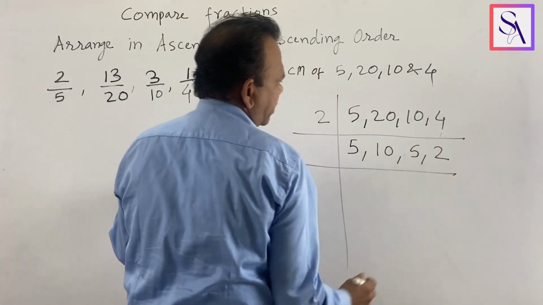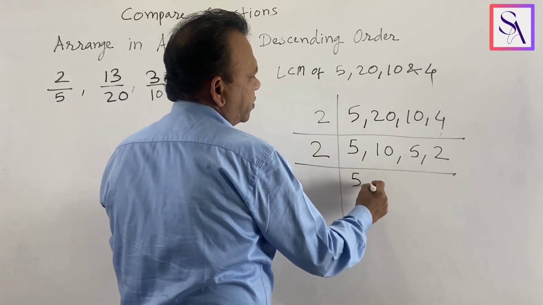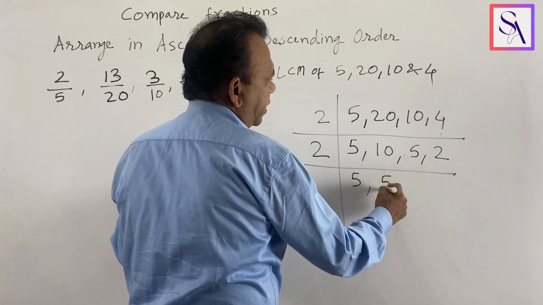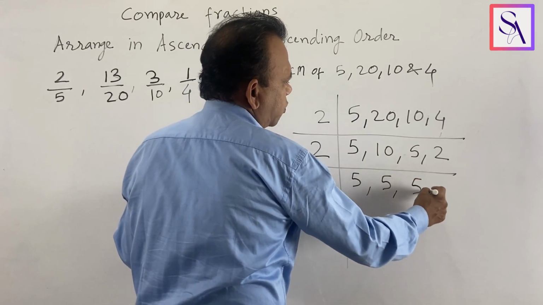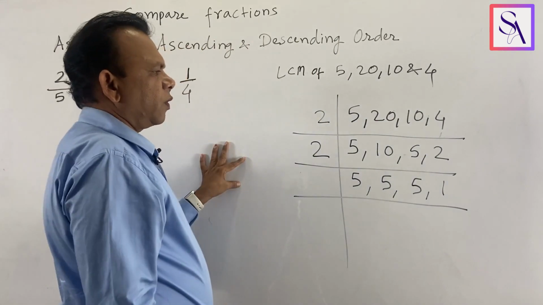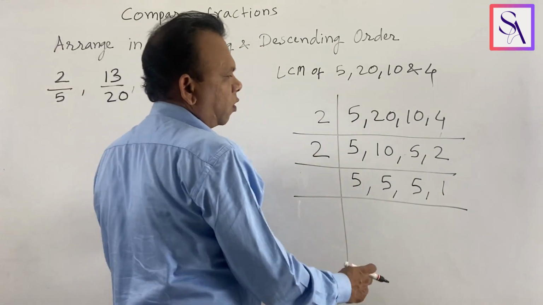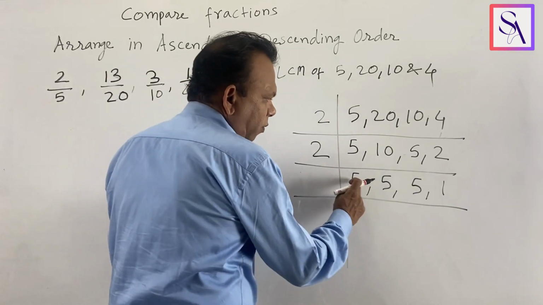Then next again 2: 5 as it is, 2 5s are 10, 5 as it is, 2 1s are 2. So here I got 1, which is my destination. Normally my task is to bring 1 here.